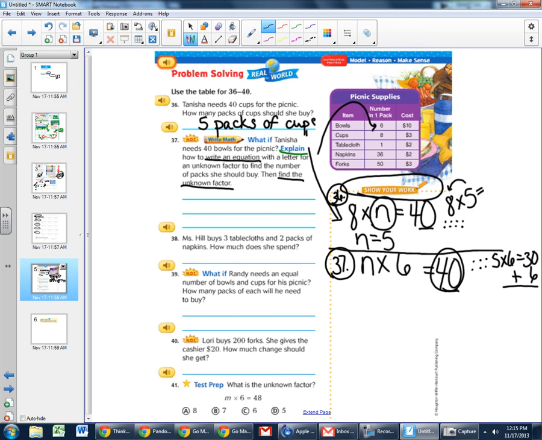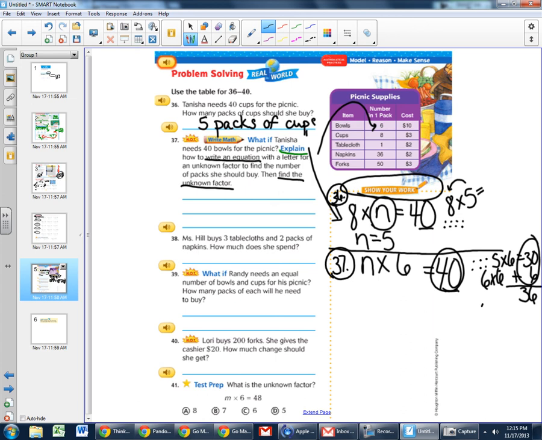Plus 6 would be 6 times 6, not 5's. Stuck on 5's. 6 times 6 would be 36, because I'm adding another group of 6.